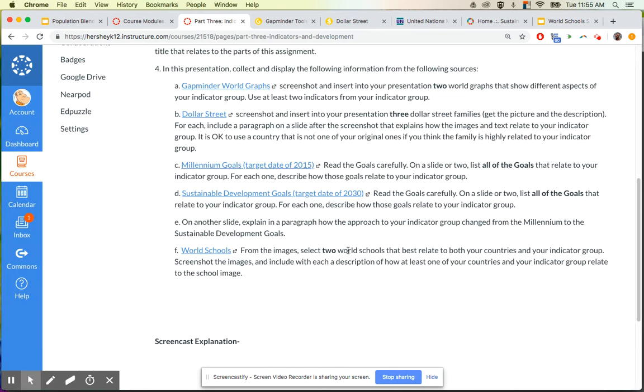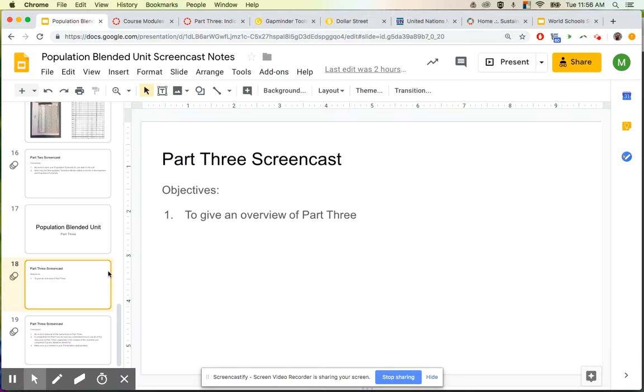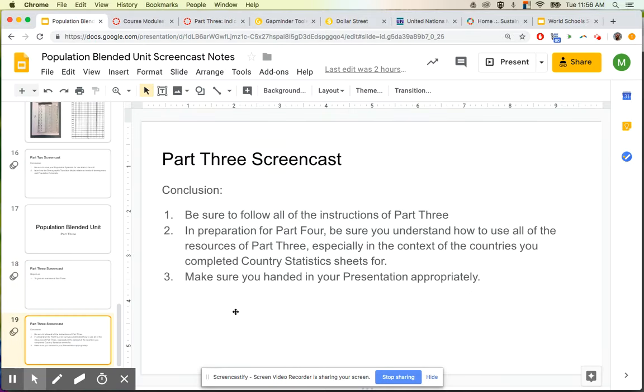And again, pick 2 world schools that relate to both your countries and your indicator group, okay, as best you can. If you can't find it directly to your indicator group, try to get something close. We're going to have a culminating activity in part 4 that you're going to actually match world schools to where they come from.